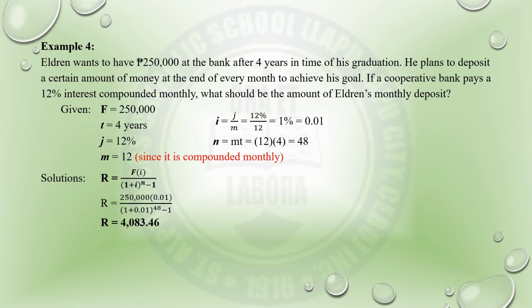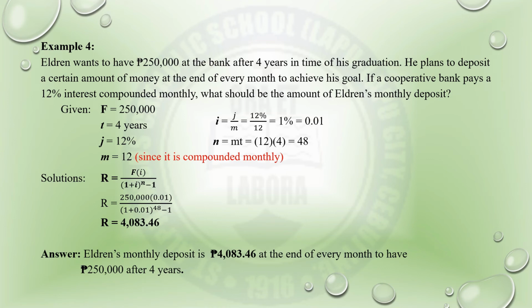Simplifying further, we get 4,083.46, or Elgin's monthly deposit is 4,083 pesos and 46 centavos at the end of every month to have 250,000 pesos after 4 years.